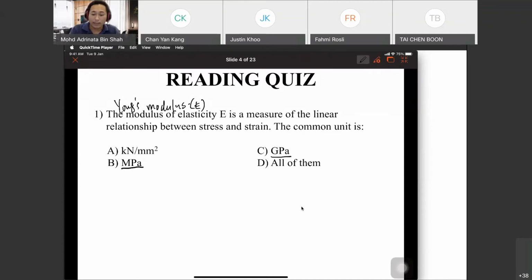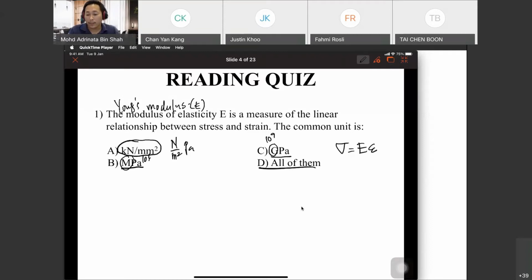Giga is 10 to the power of 9, mega is 10 to the power of 6 Pascal. The equation of the modulus of elasticity is stress equals E times strain.